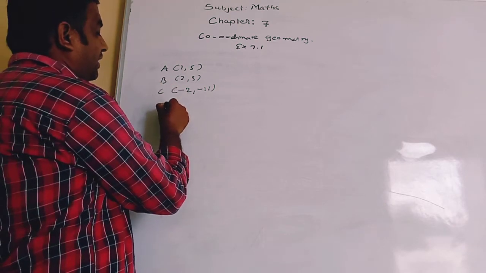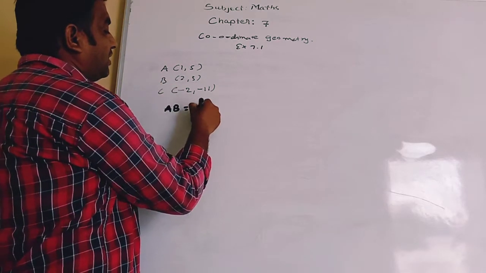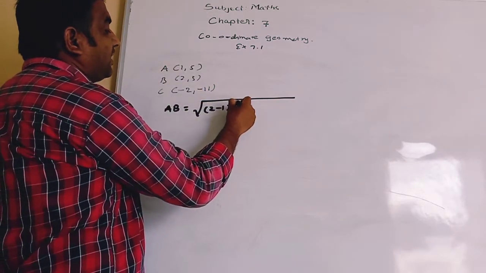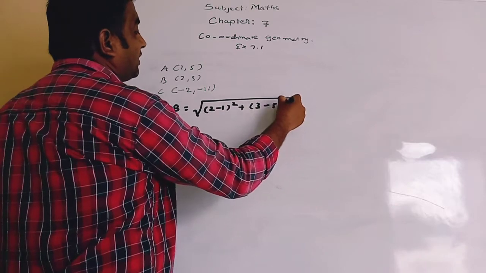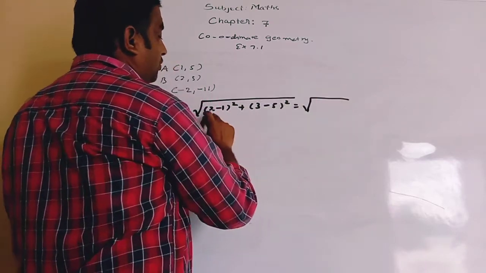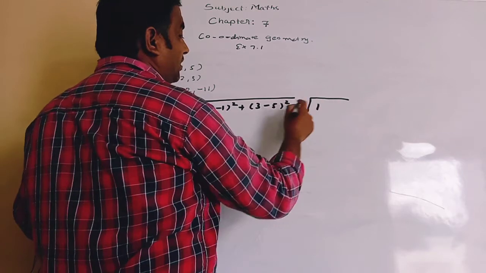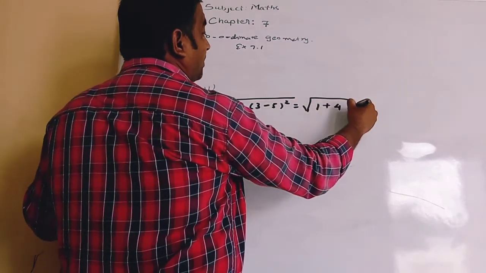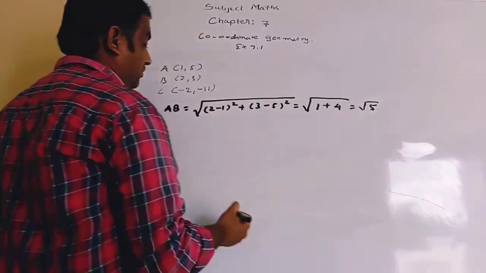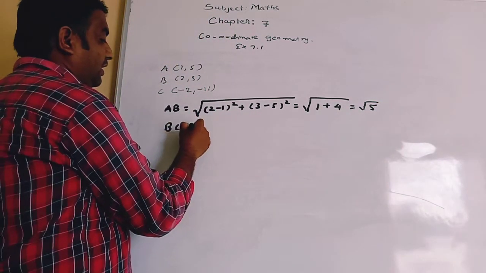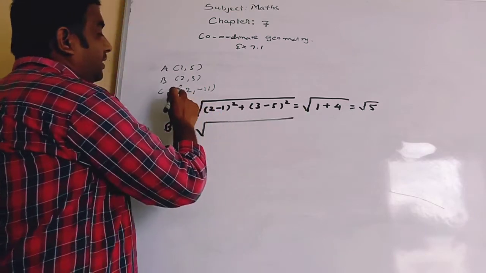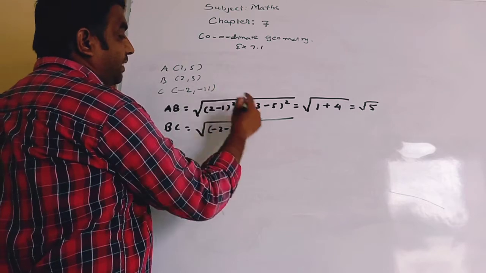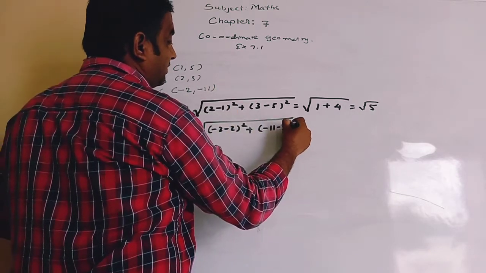So first we have to find AB, and AB equals the square root of (x2 minus x1), which means (2 minus 1) square plus (3 minus 5) square. So it will be (2 minus 1) square, 1 square will be 1, 3 minus 5 is minus 2, square will be 4. So 1 plus 4, it will be root 5. BC we will calculate, then it will be (minus 2 minus 2) square plus (minus 11 minus 3) square.